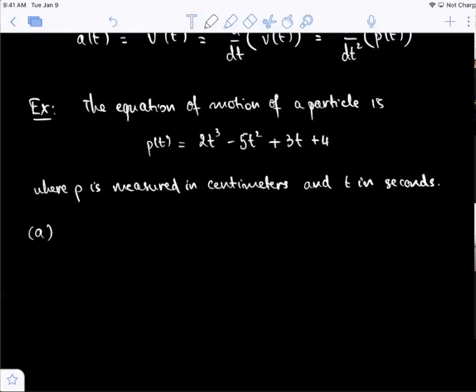Part A, find the velocity as a function of t.